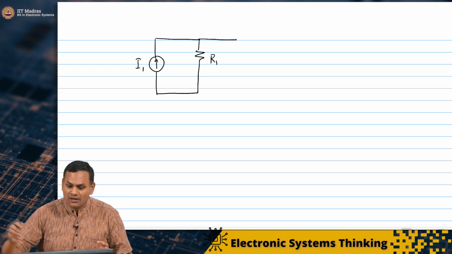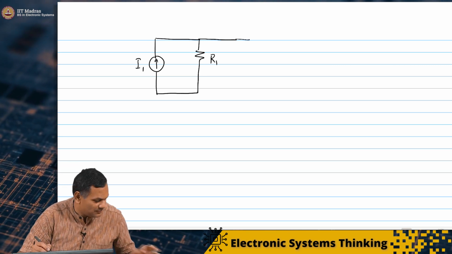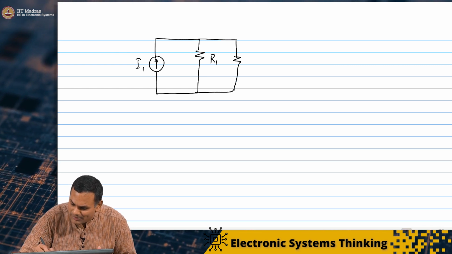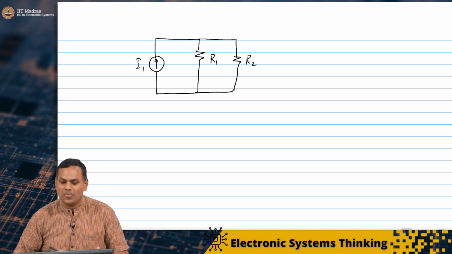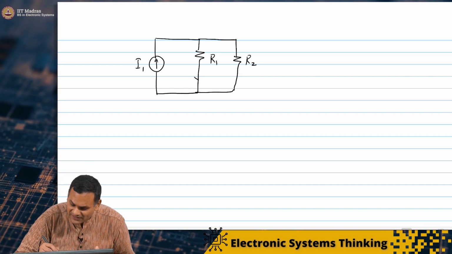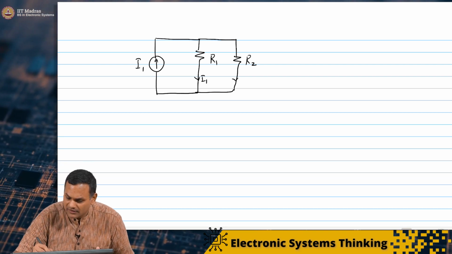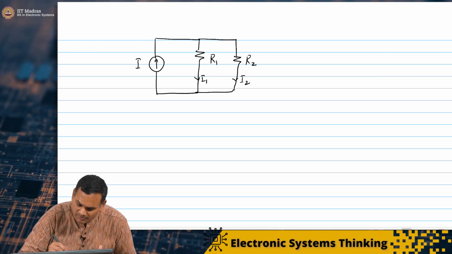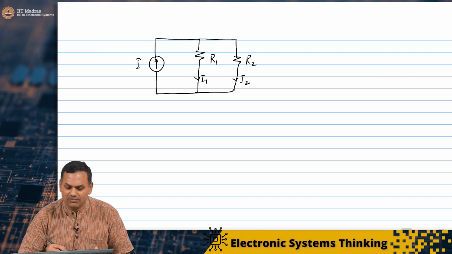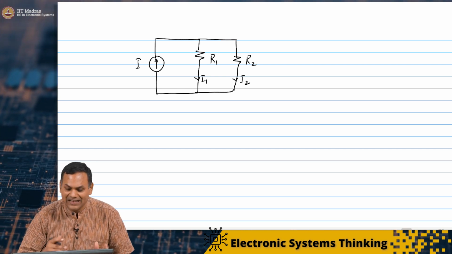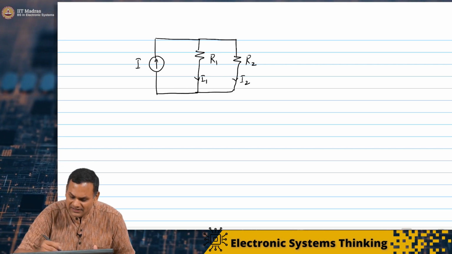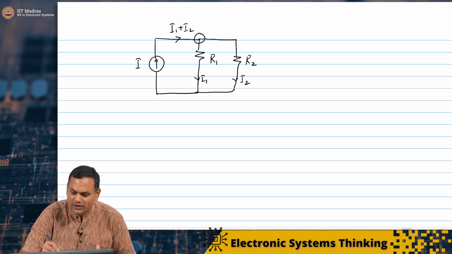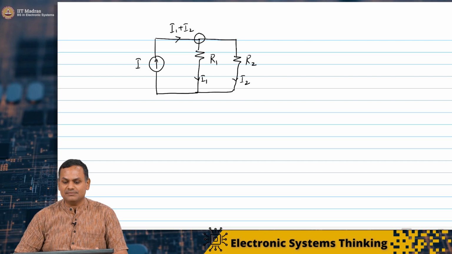So, you should imagine that a similar property exists if you were to take resistors in parallel, because now if I thought of this current as I1, this current as I2, and I will call the input current I, the current I has to be equal to I1 plus I2 if you were to apply KCL here.